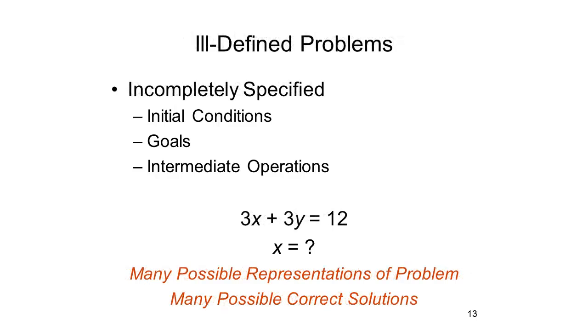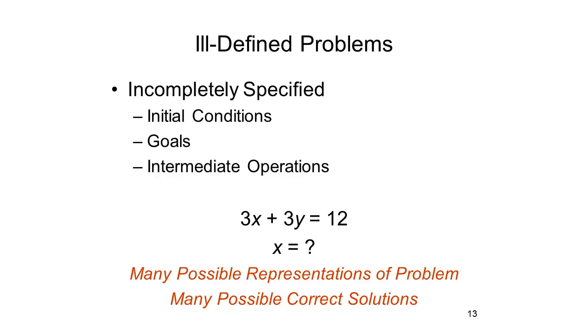Unfortunately, there are other problems that are not so well defined. In fact, we call them ill-defined problems. And they're defined as problems that are incompletely specified with respect to the initial conditions, or the goals, or the intermediate operations, or some combination of these.